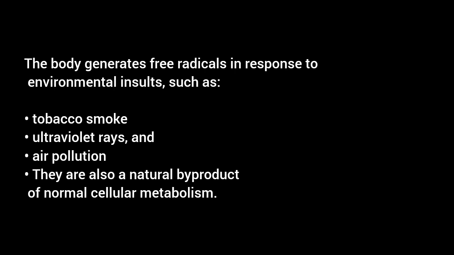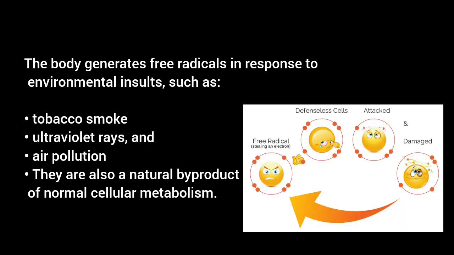So that is how a chain reaction starts. Once a reactive free radical is generated, it can react with stable molecules to form new free radicals, and these new free radicals go on to generate yet more free radicals and so on. So one free radical will generate 2, 2 will generate 4, 4 will generate 8 and so on. And this is very, very damaging for the cell. It destroys it.